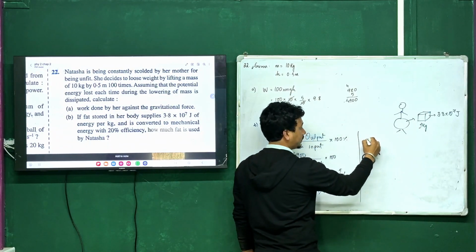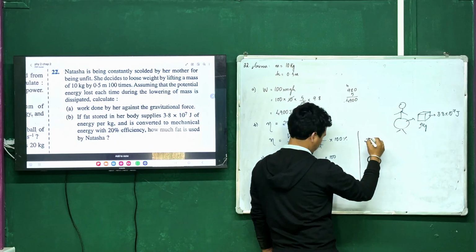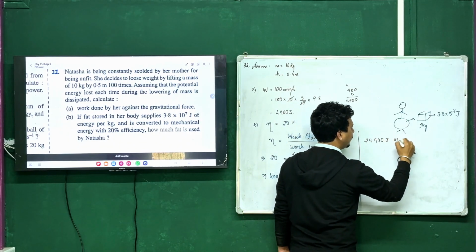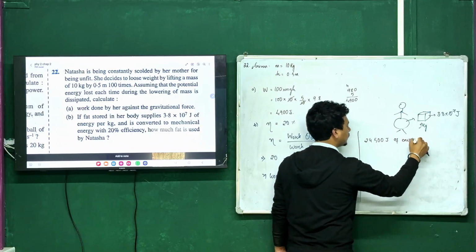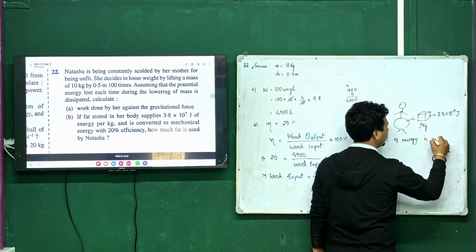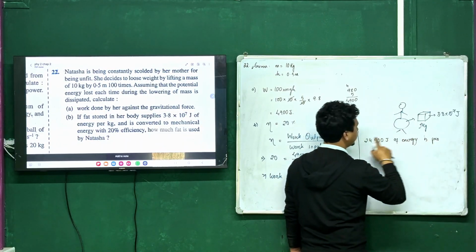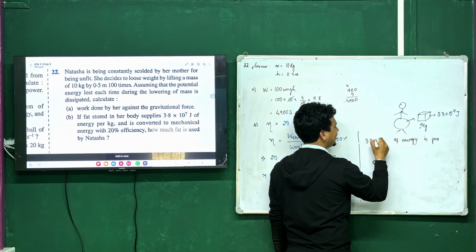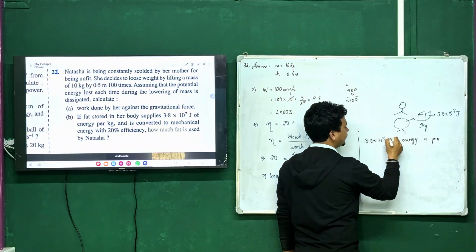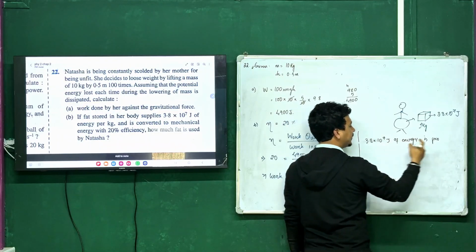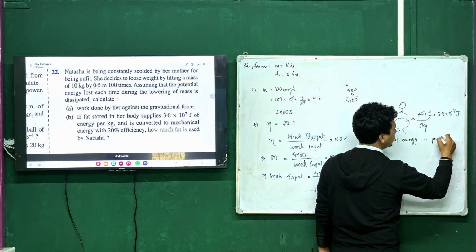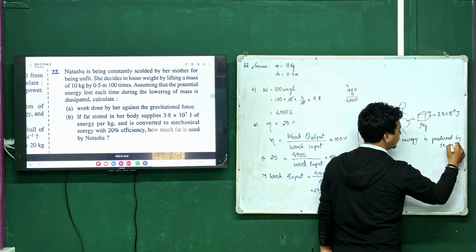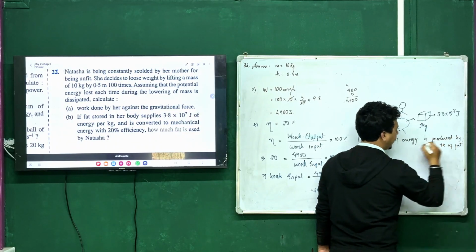See, 3.8 into 10 to the power 7 joules of energy is produced by 1 kg of fat.